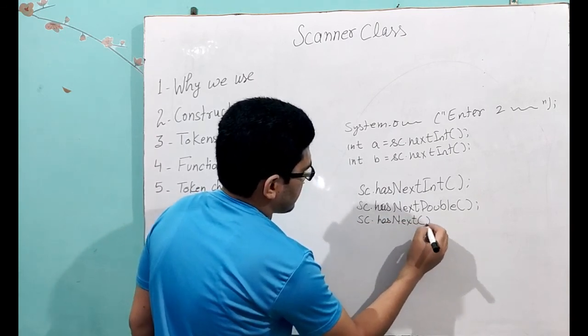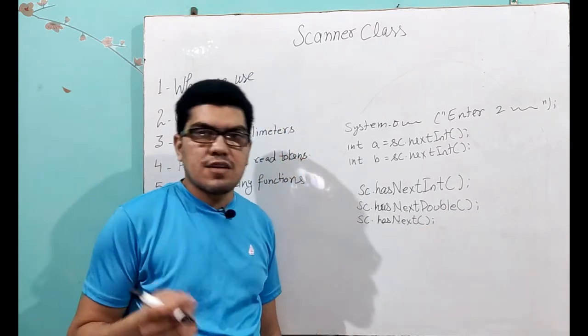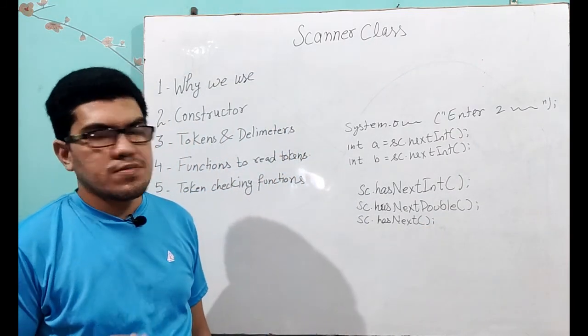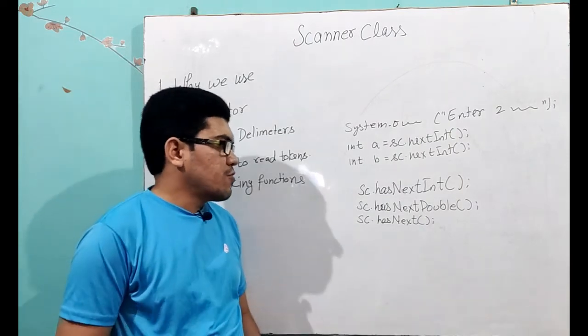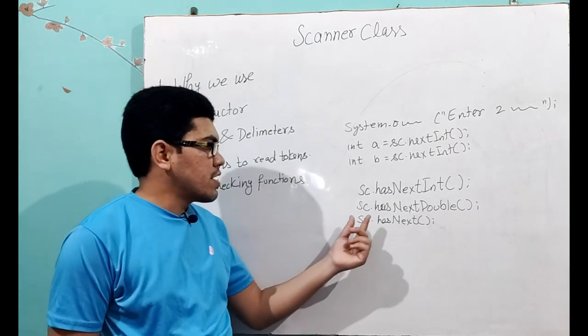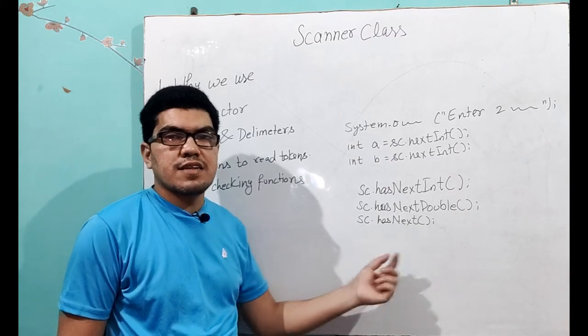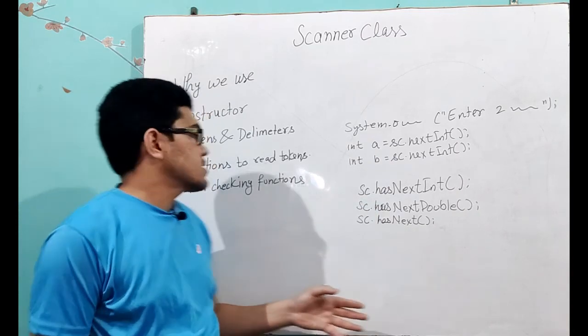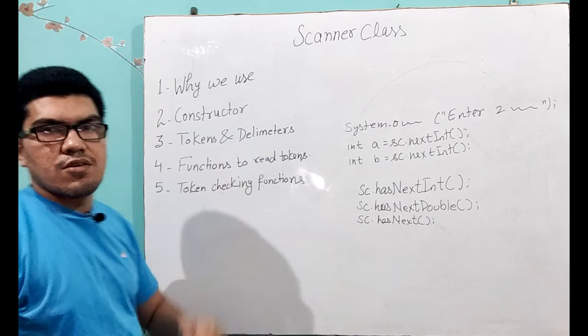It will simply check whether the token is present or not. If you want to check for long type value, you can write hasNextLong, hasNextShort. So these are the functions available in the token checking functions.